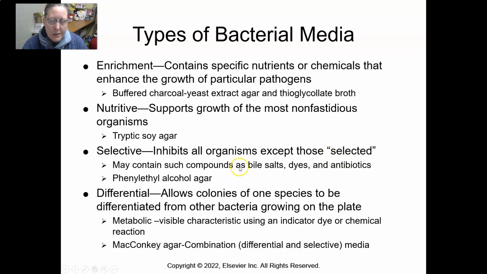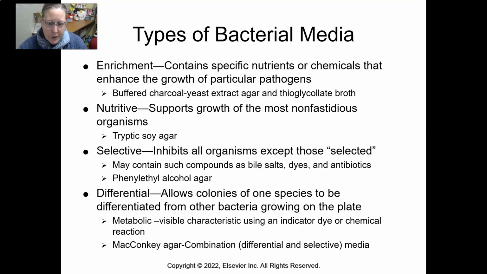Antibiotics could inhibit some of the normal flora or different things, or specific antibiotics could inhibit specific types of bacteria from growing, right? So your PEA agar, phenylethyl alcohol agar, is an example of those, and this one is used to inhibit gram-negatives and allow staph to grow.